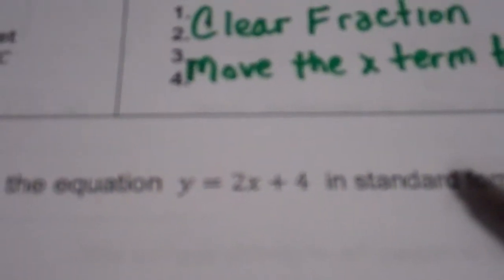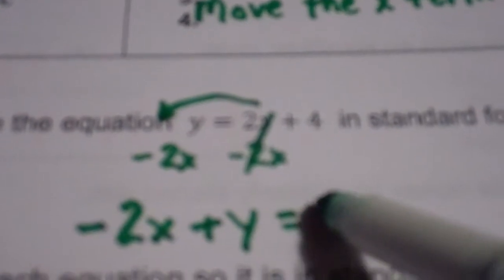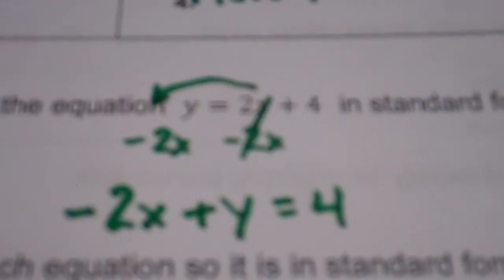Okay. Rewrite the equation y equals 2x plus 4 in standard form. Okay, well first we don't have any fractions here, so that makes it nice to start off with. Next, we're going to take this, move it over there. Now when we move it, remember, we're really doing the inverse, or subtracting it since it is positive, which leaves us with negative 2x plus y equals 4.